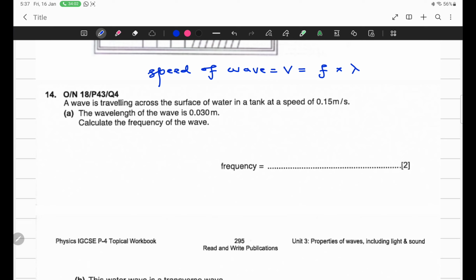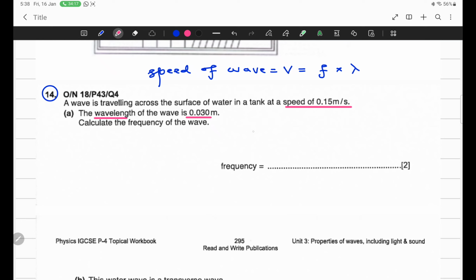Now we are solving question number 14. The question is: calculate the frequency of a wave, and you are given speed as well as wavelength.